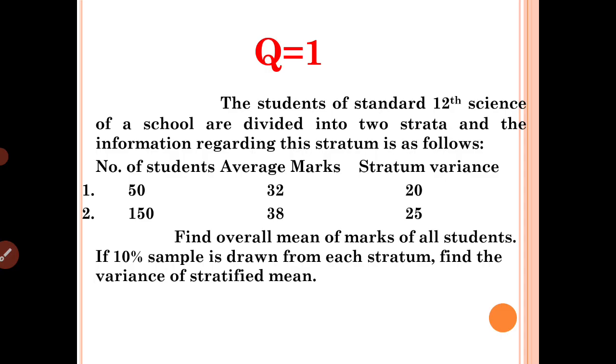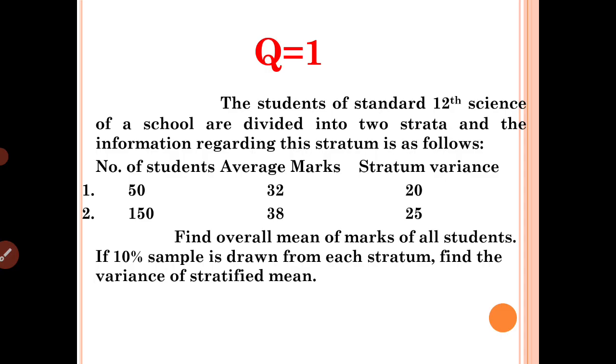First of all, write the question. The number of students is 50 and 150, the average marks are 32 and 38, and the stratum variance is 20 and 25.